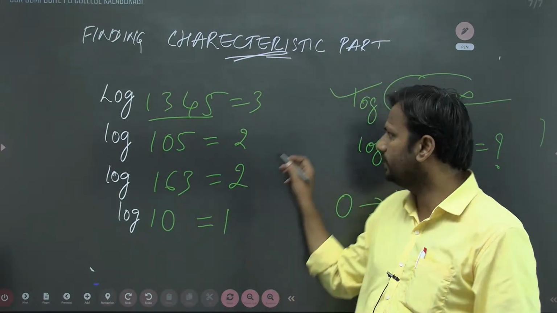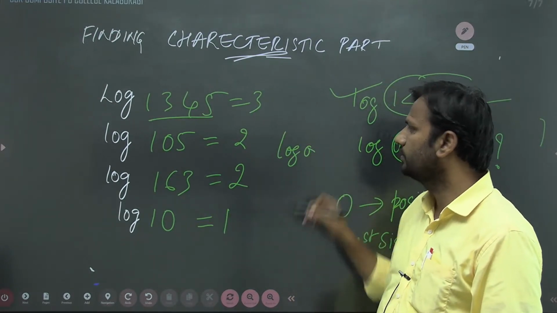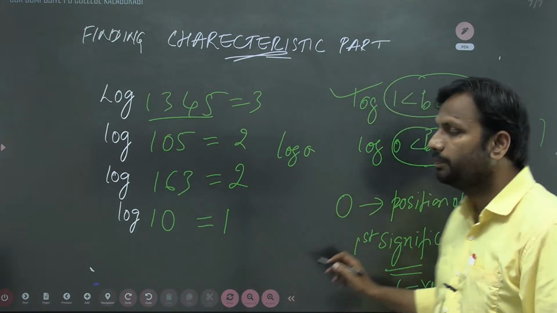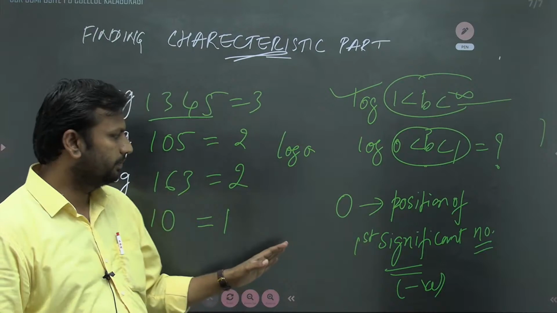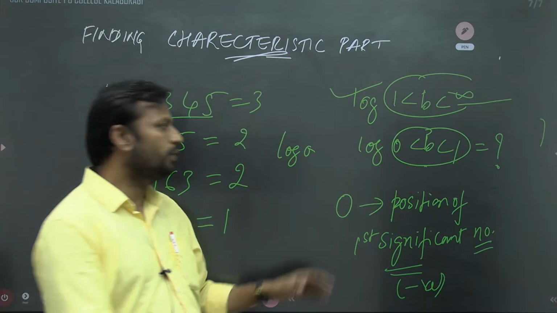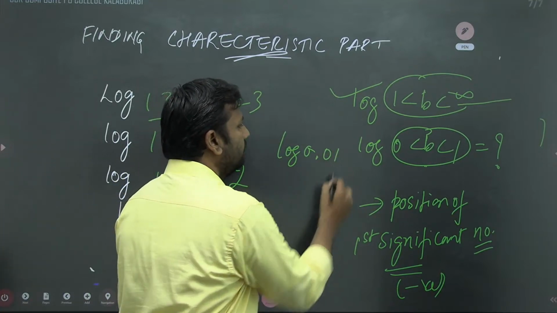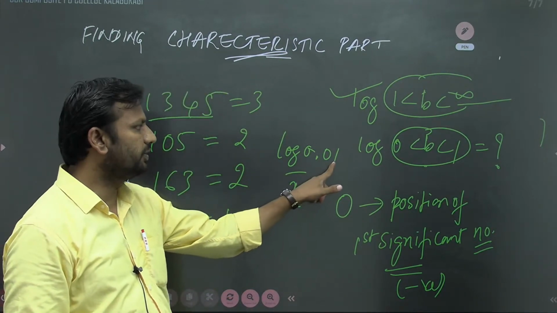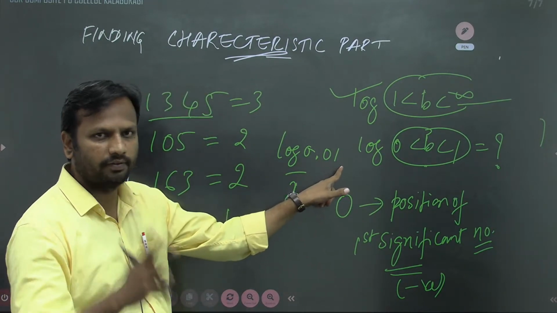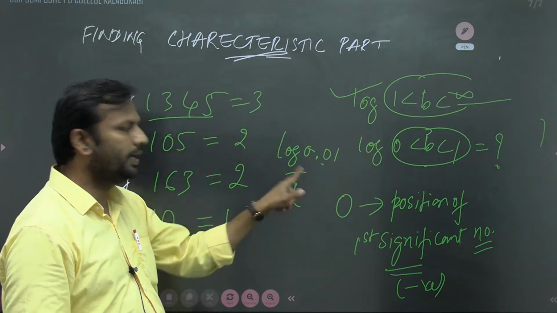If they have given zero digits, what to do? You have to go with the position of the first significant figure, right? That too you have to mention in the bar here. After the decimal point, the first significant figure is in the second position, 1 and 2. So you should mention 2 bar.